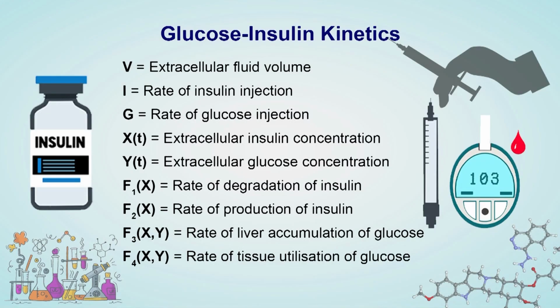Simply, we illustrate with the glucose insulin kinetics. These are the variables or parameters. These are the biological or physiological parameters. We can see here V, I, G, XT, YT, F1X and so on. We see here the insulin equation.